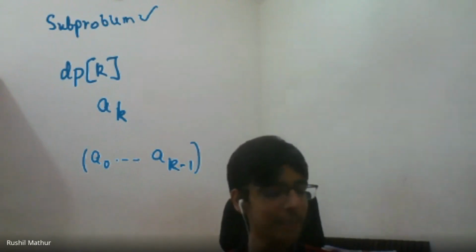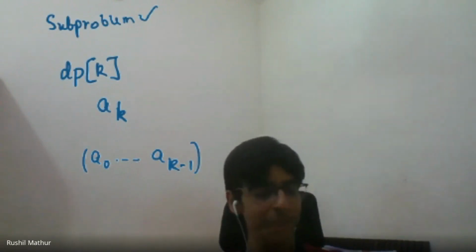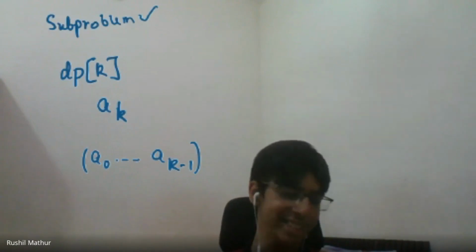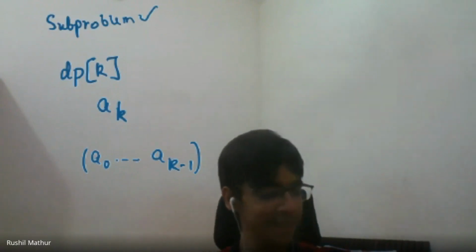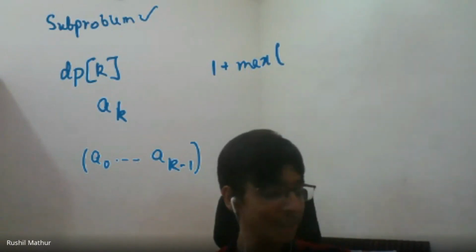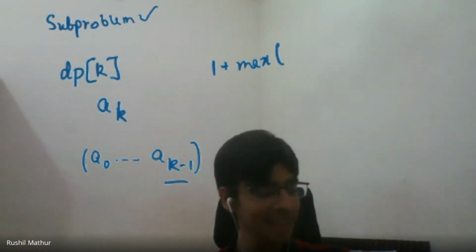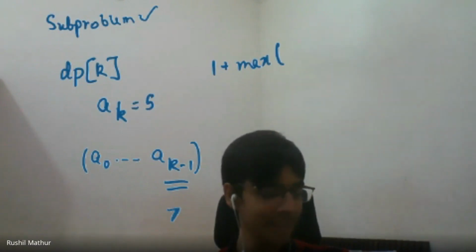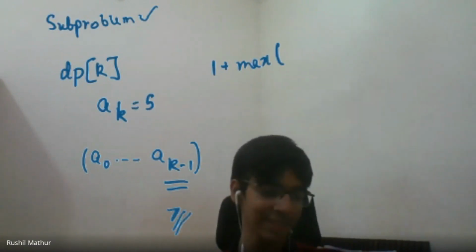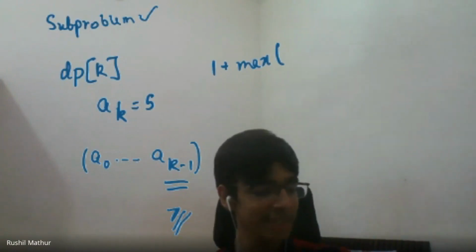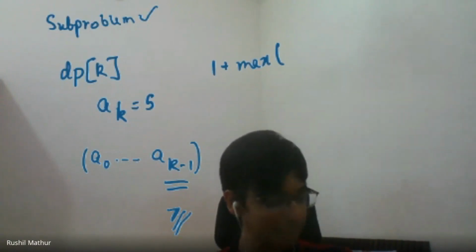And dynamic programming tells us that when you're unsure about what guess to choose, try all guesses. So we can write it as 1 plus max of any one of those dp's. But not any one. The problem is, if ak minus 1 is, let's say, 7 and ak is 5, we cannot choose ak minus 1. So we can only choose it if ak minus 1 is less than ak.